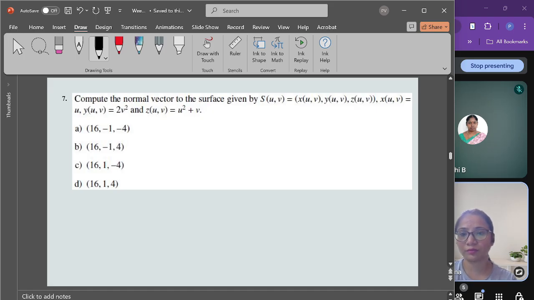Now we need to compute a normal vector. So how can we compute a normal vector?